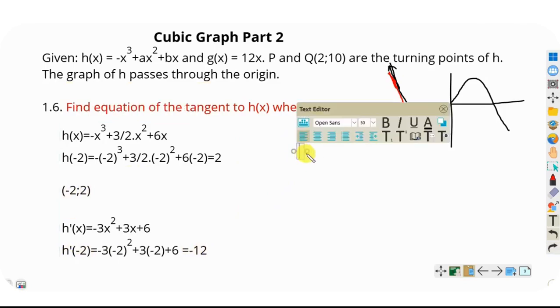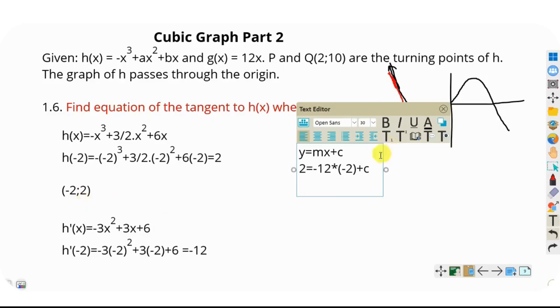So I'm going to do it here. y equals mx plus c, and I will substitute that coordinate. So y equals gradient negative 12 multiplied by x, plus c.